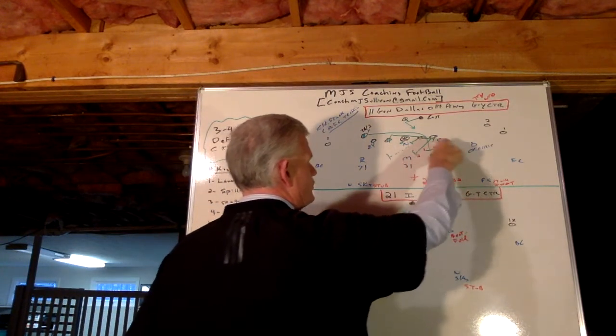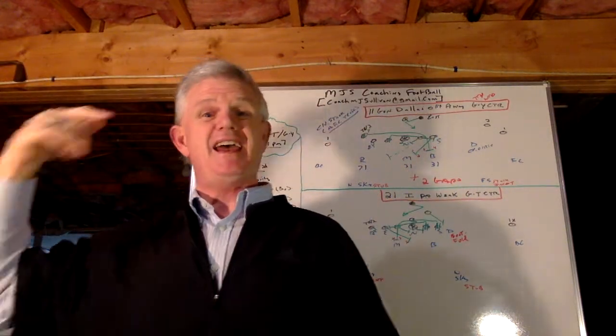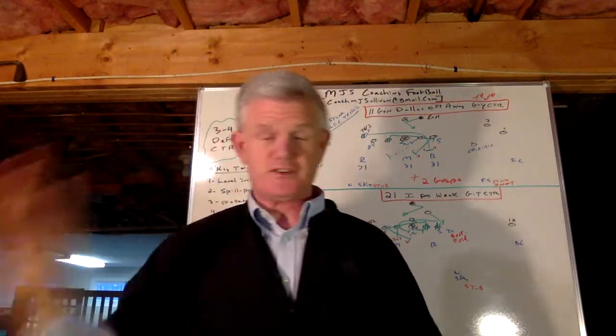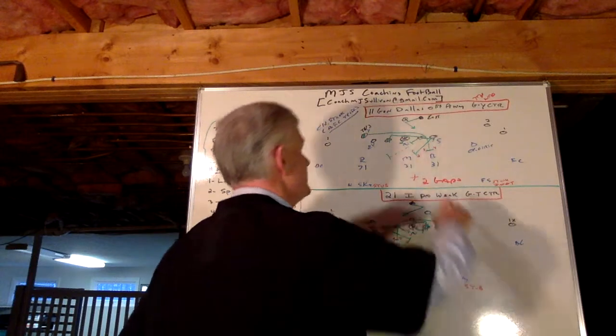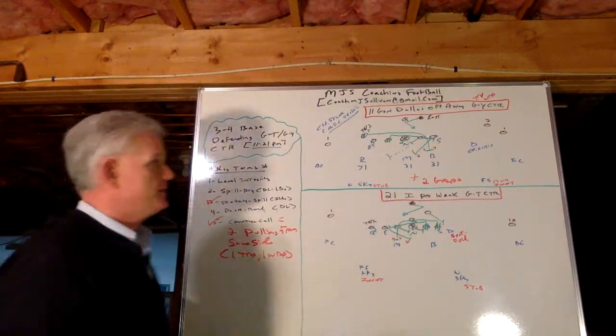So we got 1, 2, 3, 4. Instead of adding just 1 gap, now we're going to add 2 gaps, like on an ISO. You add a gap. Who's going to fit on either side of the lead blocker? You have to account for that here. So this is where the patch and spill comes in.